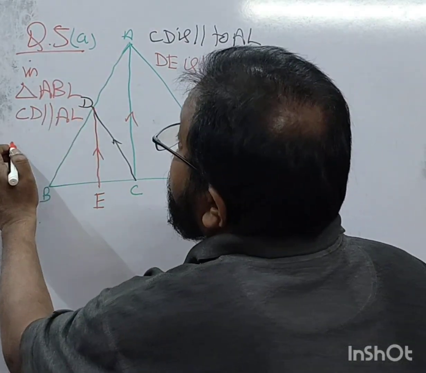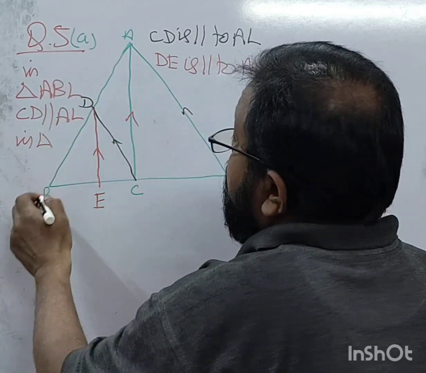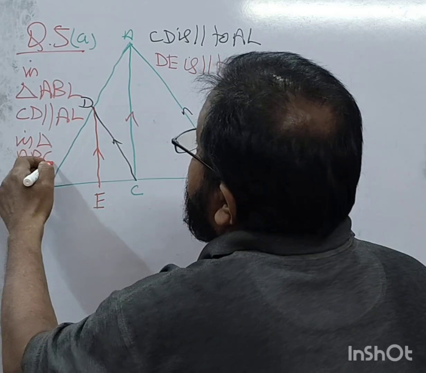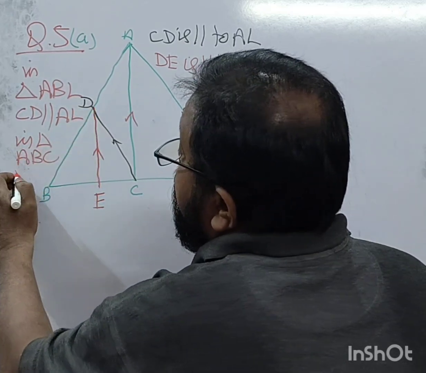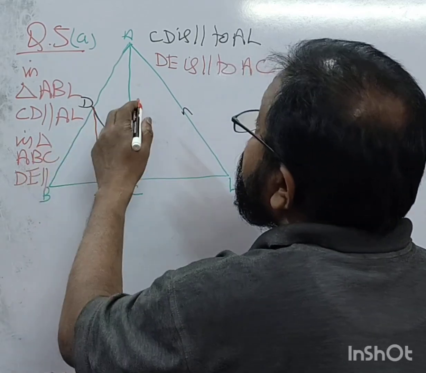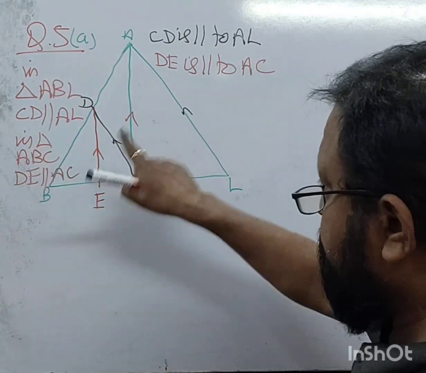And in triangle ABC, DE is parallel to AC. You get this?